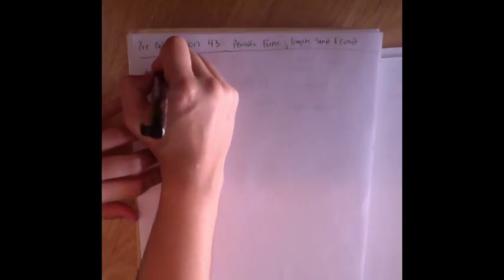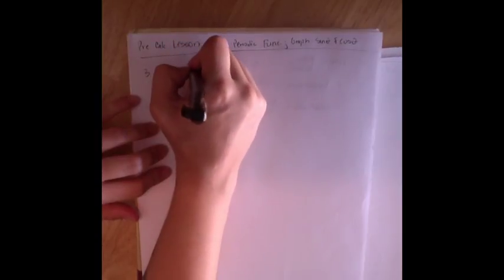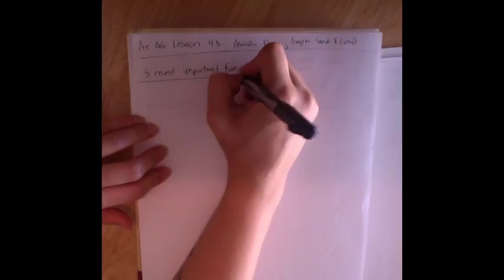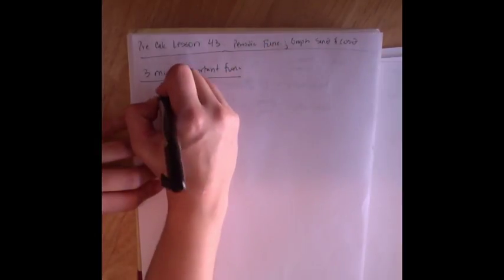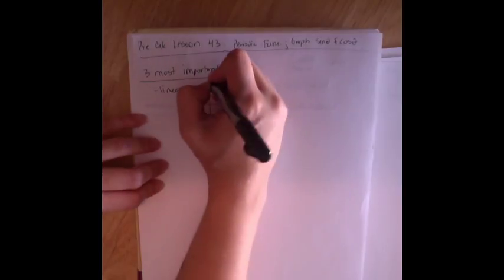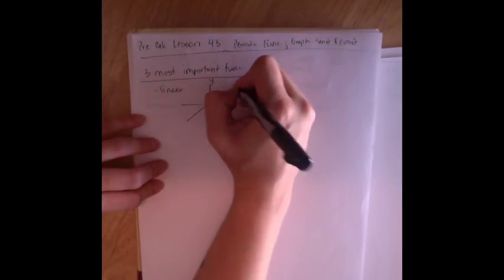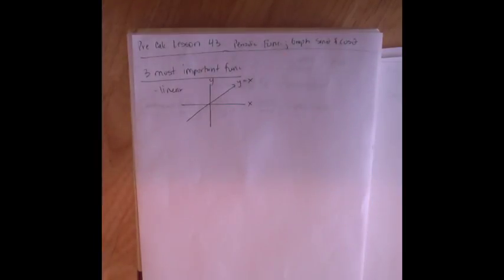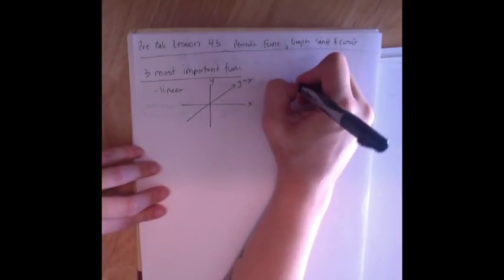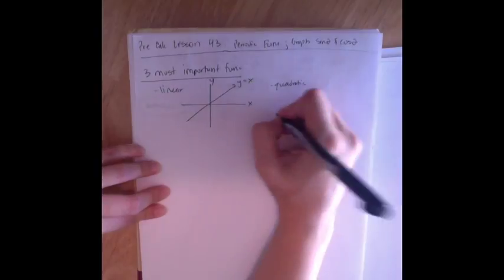So the three most important function types that we've learned so far, we have linear. So if this is our x, y, it could be this line, which is y equals x. We've also talked about quadratics.